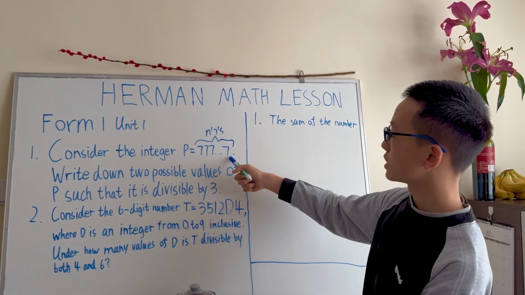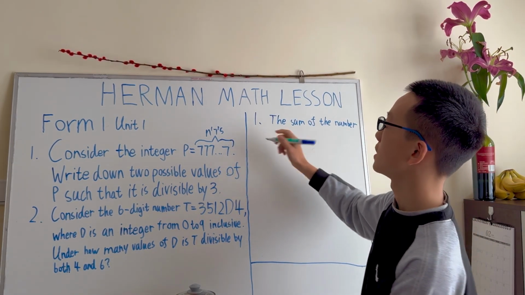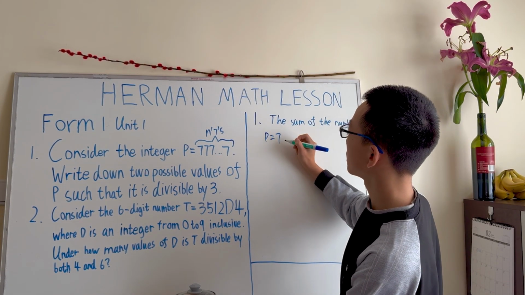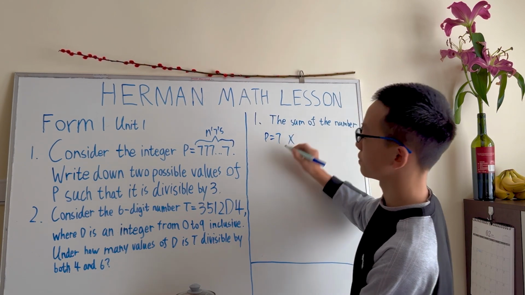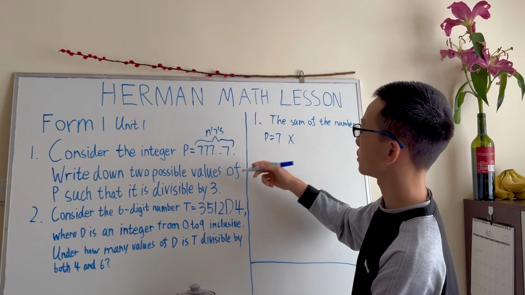We don't know what the number is, so we need to try out. If p equals 7, it is not a multiple of 3.